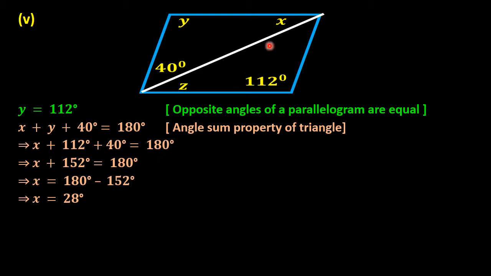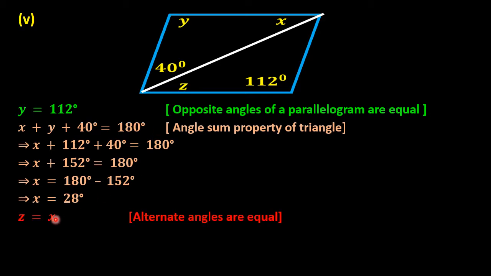We have got the value for y, which is 112 degree, and the value for x, which is 28 degree. Now if we look at the figure, then x and z are the alternate angles. And we already know that the alternate angles are also equal in measure.